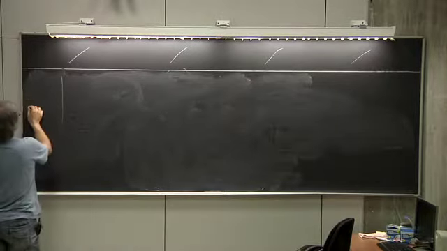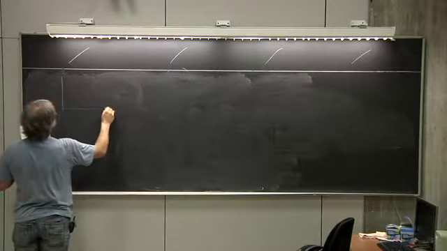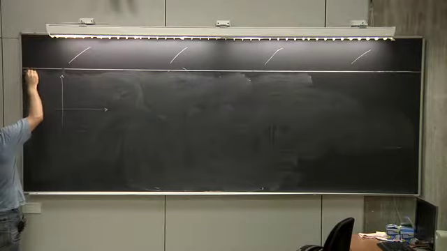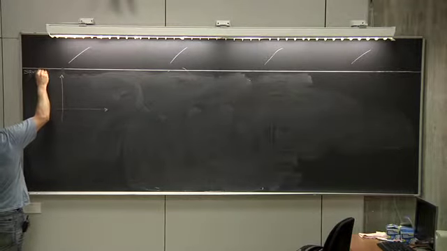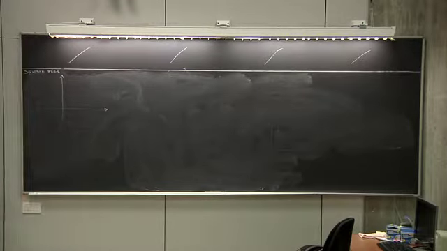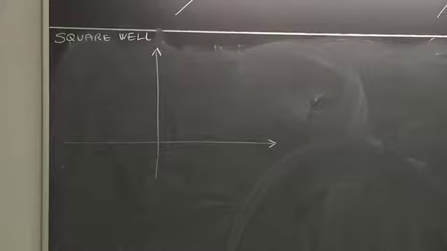This is the square well and not the square barrier. You could do the square barrier with a similar procedure, in fact, by changing the sign of a few things, okay?